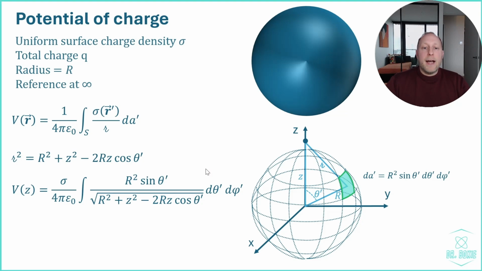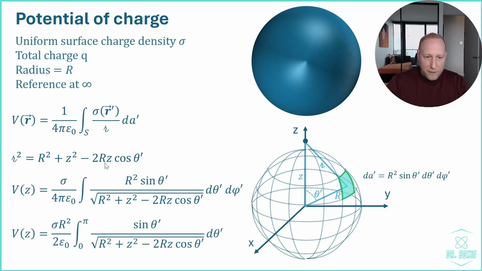The phi integral can be solved immediately because there is no phi dependence in the integrand, and we get a 2 pi outside. The pi in the denominator and the 4 in the denominator became a 2. And we're left with this integral over theta, where theta goes, as always in spherical coordinates, from 0 to pi over a whole spherical shell. So we need to solve this integral.